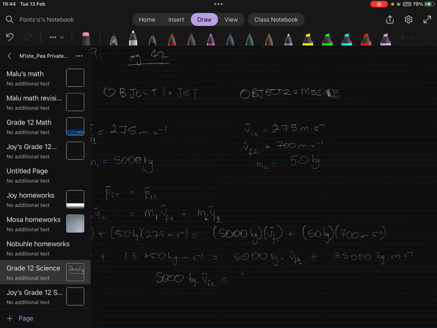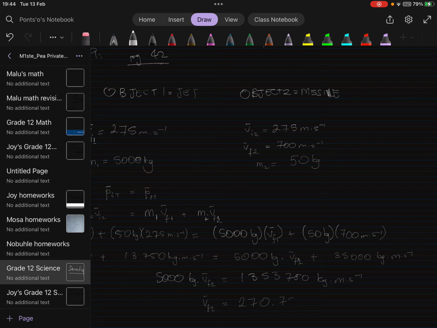And I'll get 5,000 kilograms times velocity final of object 1 equals 1,353,750 kilogram meters per second. And then this I'll have to divide by the 5,000.